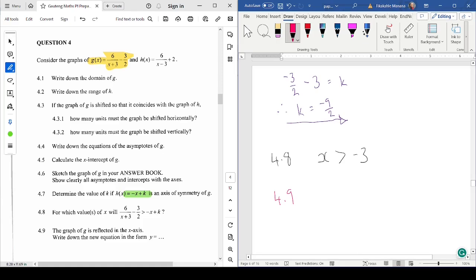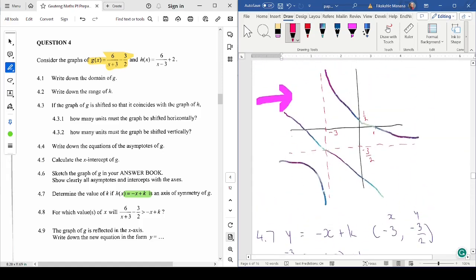Okay, so a few things that we have to know. The equation, the normal equation, is 6 over x plus 3 minus 3 over 2. Now, I want you to look at me. Okay, look at this.